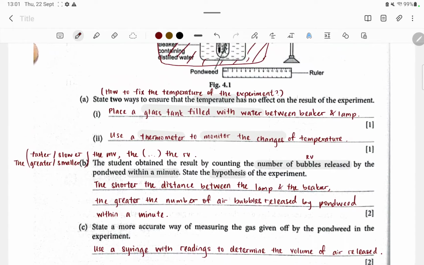Okay, so this one is more like experiment questions, but this one is quite easy, not hard. And this one we should not use air, we should use gas.